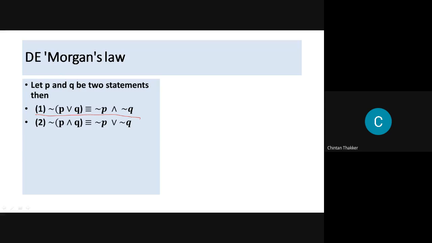One is the negation of P or Q, which is equivalent to the negation of P and the negation of Q. The second one is the negation of P and Q, which is equivalent to the negation of P or the negation of Q.